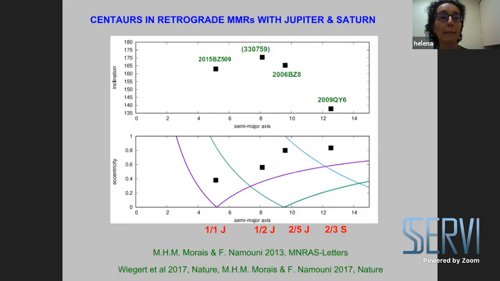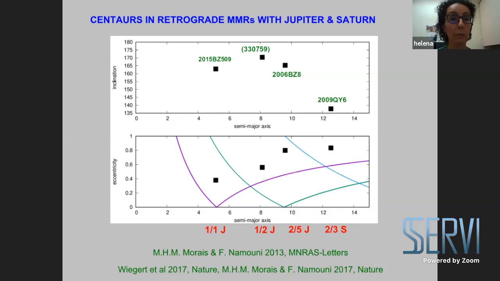Okay, so why does this matter? Actually, we found out some years ago that there are objects in the solar system in this type of resonances. So we have 3 centaurs, which are in the 1-2 resonance with Jupiter, in the 2-5 also with Jupiter, and in the 2-3 with Saturn.